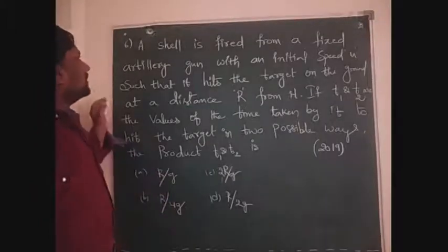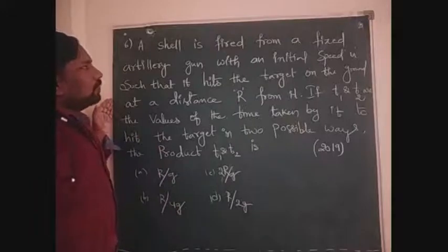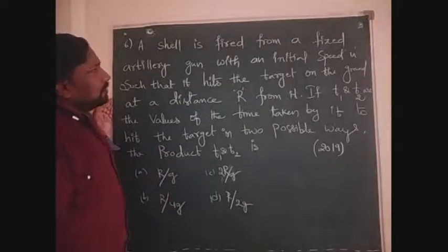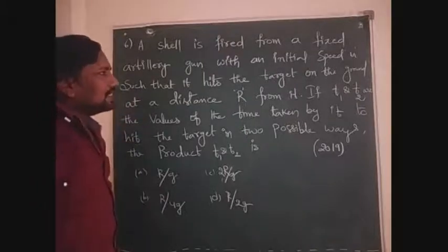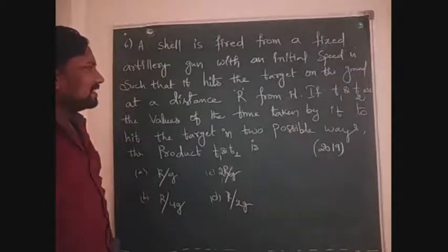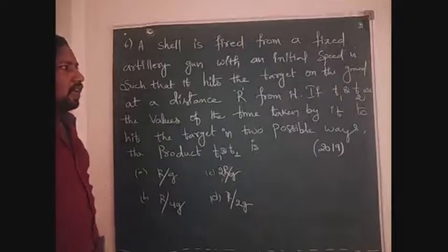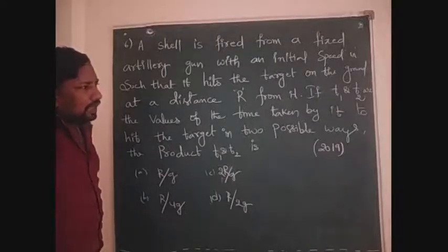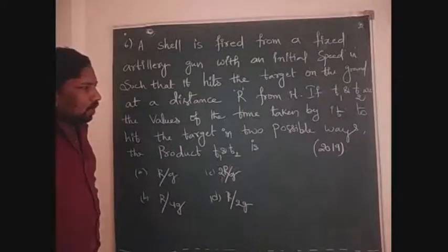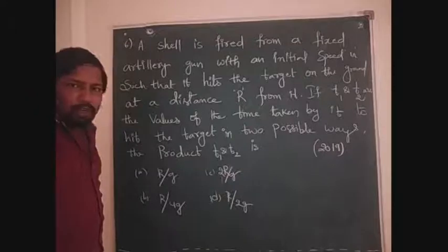Now problem number 6. A shell is fired from a fixed gun with an initial speed u in such a way that it hits the target on the ground at a distance R from it. If T1 and T2 are the times taken by it to hit the target in the two possible ways, find the product of T1 and T2.